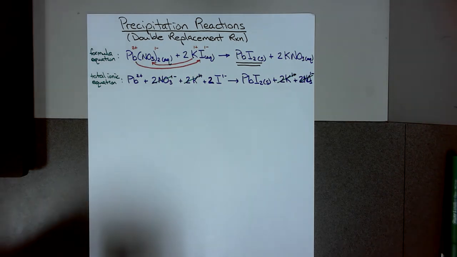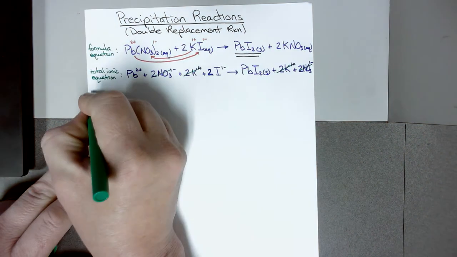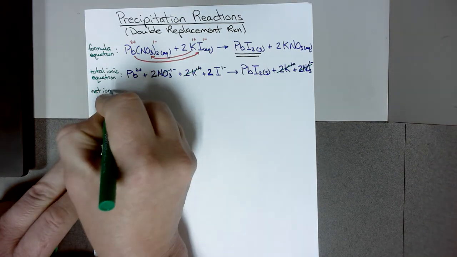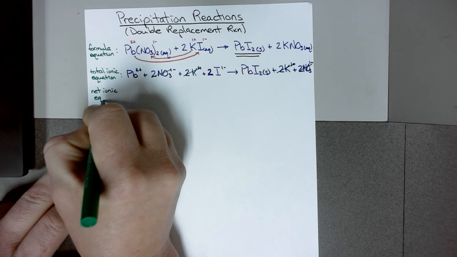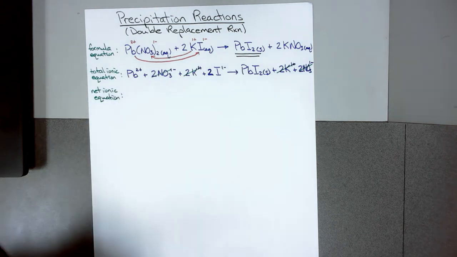So our net ionic equation, the one which doesn't include all of the spectator ions, in this case is going to be those ions that did not change.